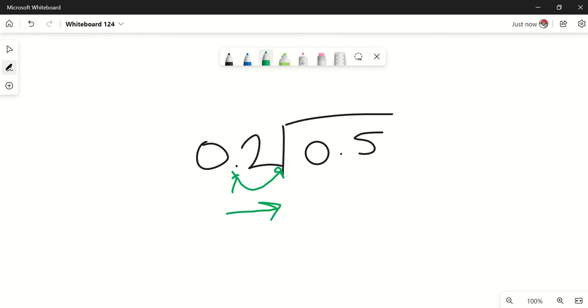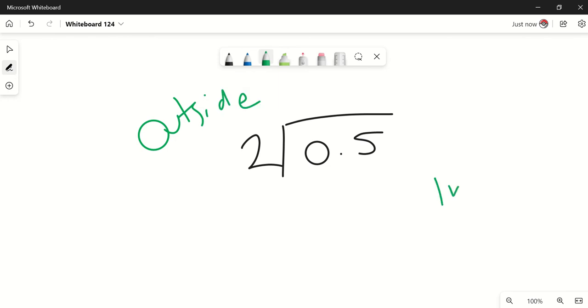So we jump the decimal one time to the right. That will make this now 2. The 0 in front of it can disappear. But there's a rule. Whatever happens on the outside will need to happen on the inside. Since we did one jump to make this a whole number, I'm going to have to do the same jump on the inside. And now my decimal will be up here.